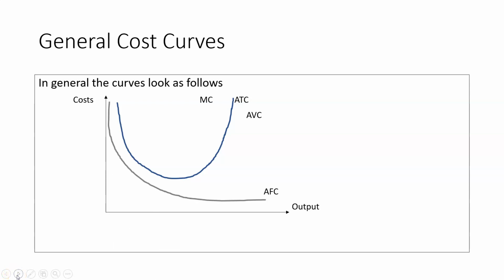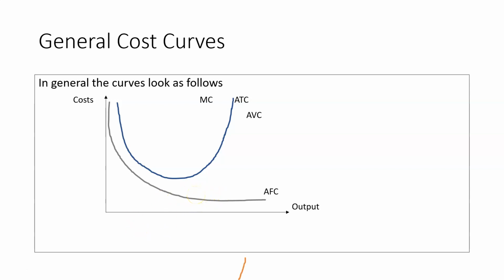Here's our average fixed cost. Our average fixed cost is always a downward sloping curve. Why? Well, remember how we calculated average fixed cost. It was calculated by taking your fixed cost, a fixed number, dividing it by more output. That means you're taking a set number, dividing it by more numbers, and the quotient keeps getting smaller.